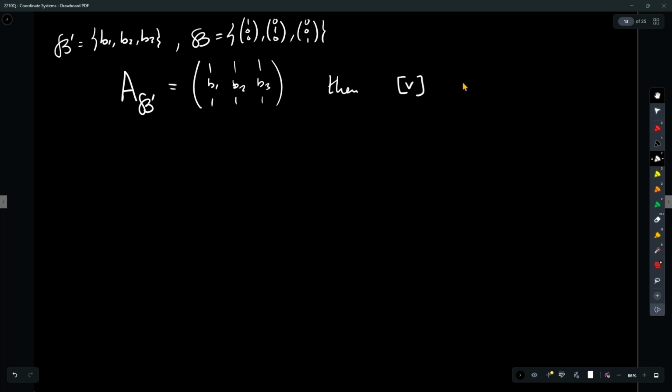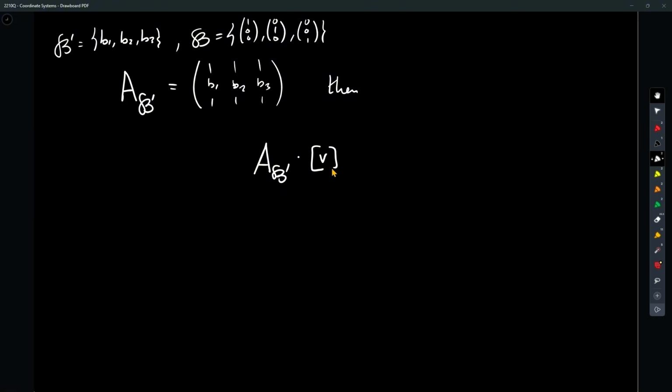So if I multiply this matrix A, B prime times the coordinates of V with respect to B prime, what I get are the coordinates of V with respect to the canonical basis.